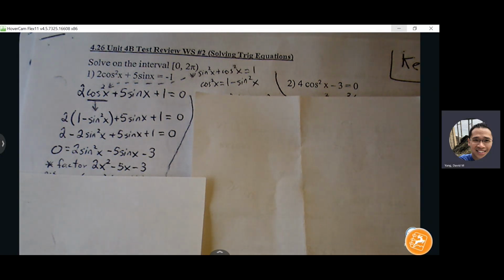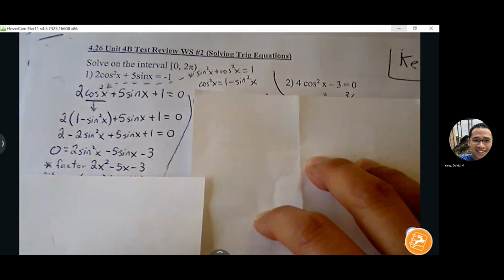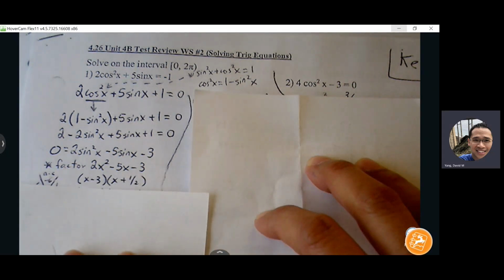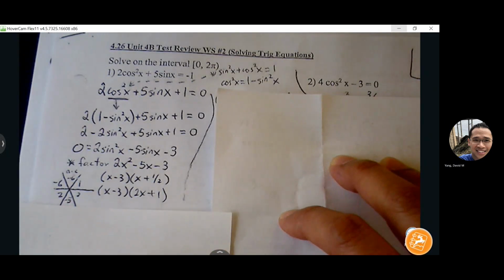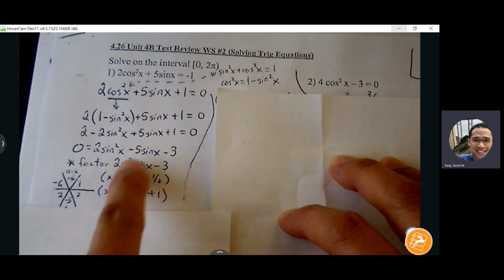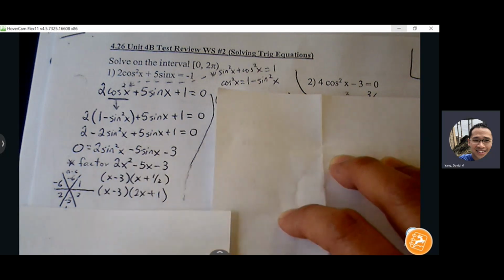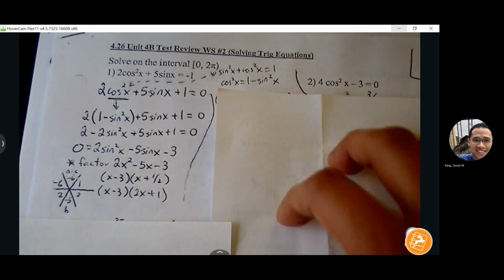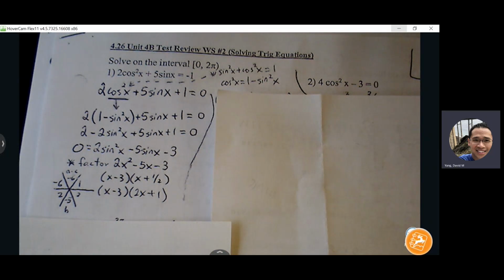All right, a times c here multiplies to be -6, adds to be -5. Okay, -6 and 1, right? Because we want a -5. -6 times 1 is -6. -6 plus 1 is -5.